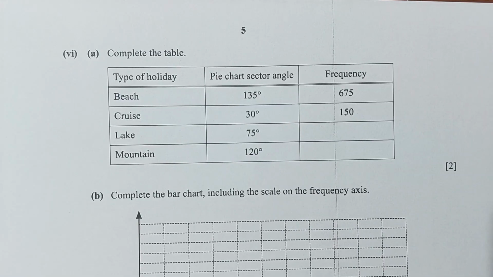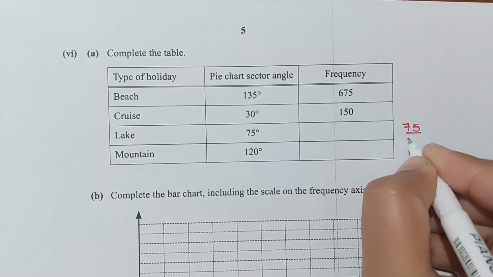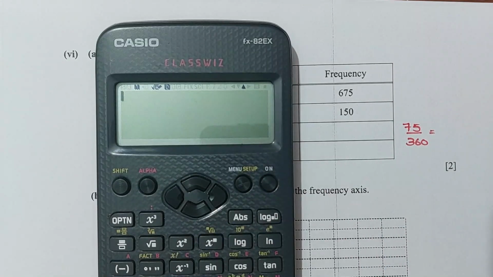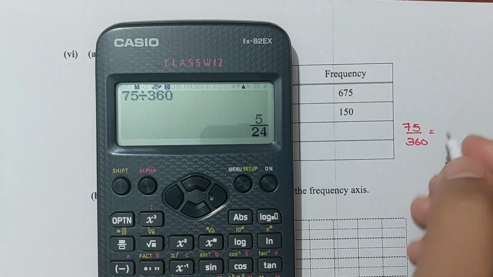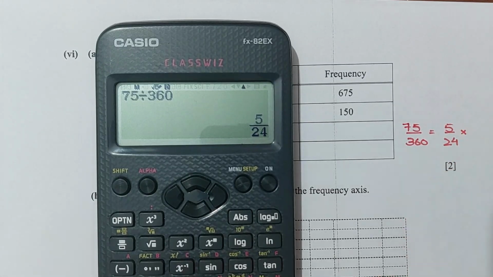For the lake, it is 75 degrees out of 360 degrees. So 75 out of 360 is 5 over 24. Multiply by the total. Total number of people he asked is 1800.